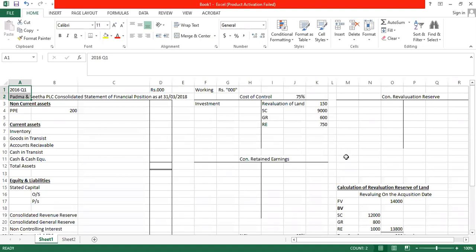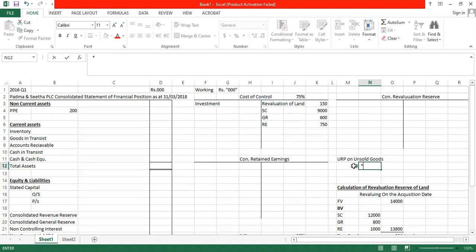So now you have to calculate the unrealized profit on unsold goods. Unsold goods are 300,000, which means 300. So we have to find out the margin they have added. This 300 is after adding the 20%.